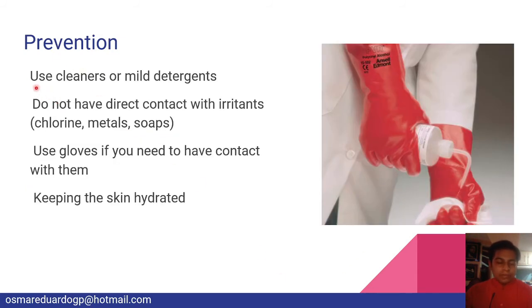Here are four main ones. The first is to use mild cleaners or detergents. The second is not to have direct contact with irritants such as chlorine, metals, and soaps, as we said before. But if we need to have contact with them, we have to use gloves. And the fourth is keeping the skin hydrated.